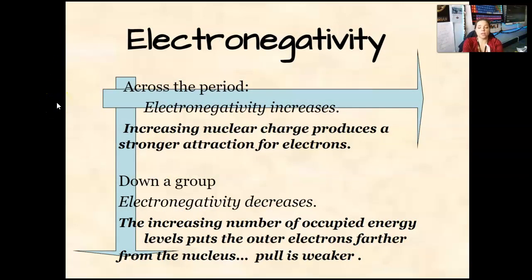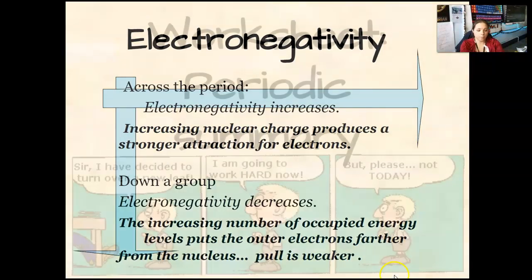Across the period, electronegativity increases because increasing nuclear charge produces a stronger attraction for the electrons. As you go down, it decreases because the increasing number of occupied energy levels puts the outer electrons farther away from the nucleus, so that pull is weaker. Talked about that with the ionization energy.